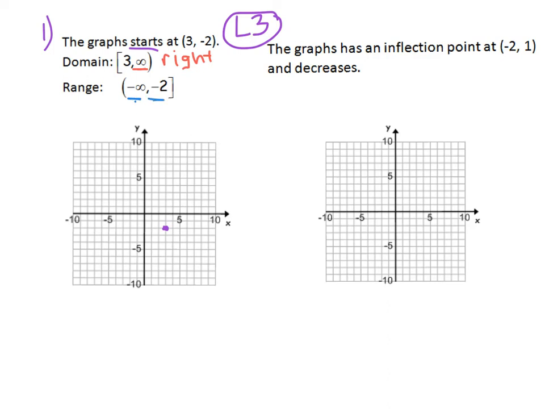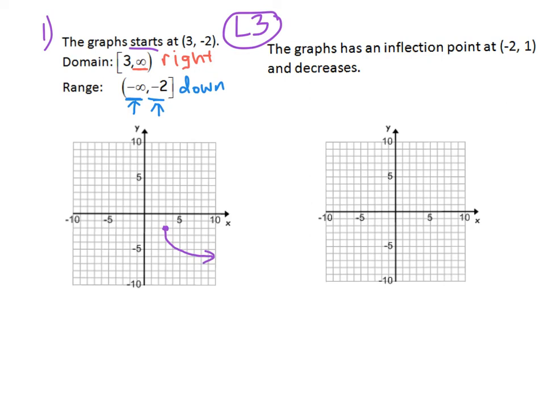So bottommost, it's going infinitely down, and then the topmost is -2. So we know that this is going down, right? Because this is going towards -infinity. So we need, from that point, for the curve to go right and down. So right and down would be this curve right here.